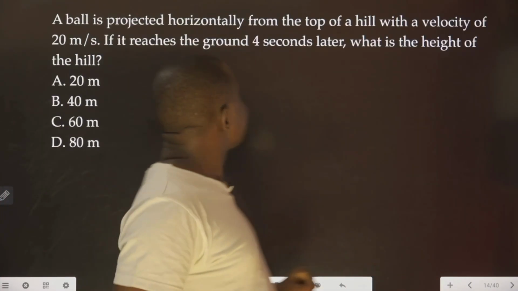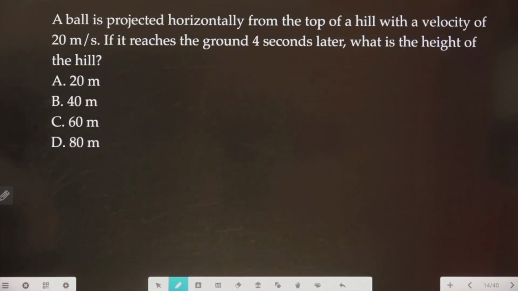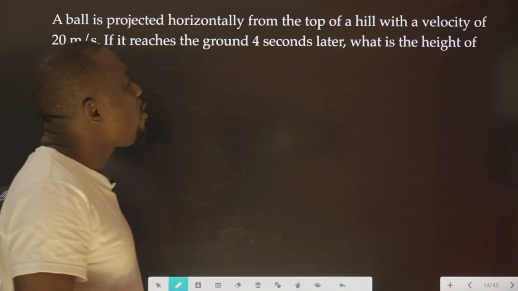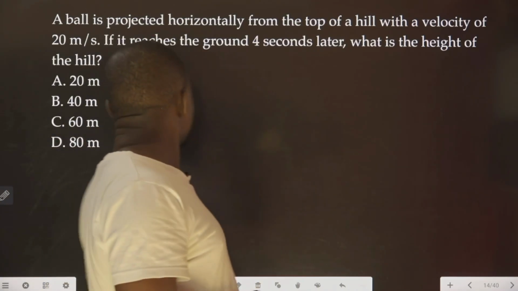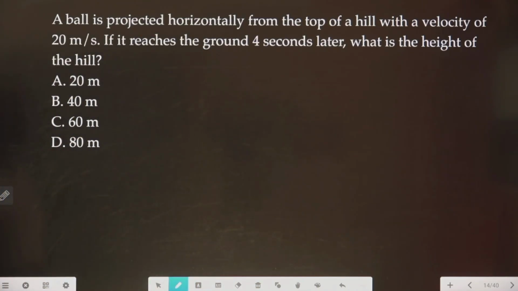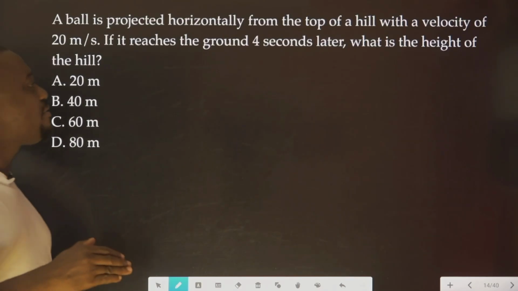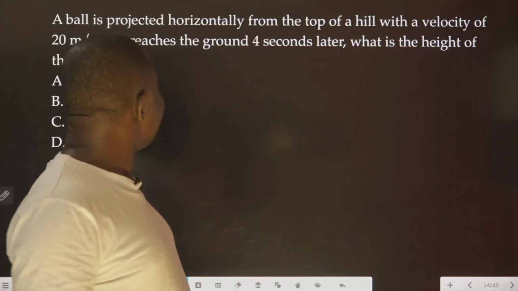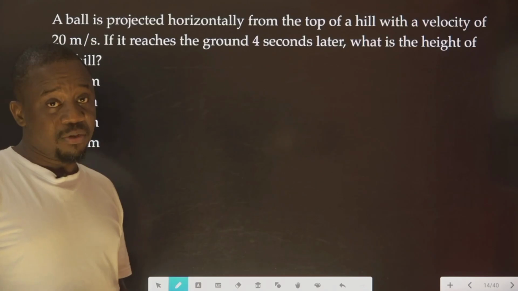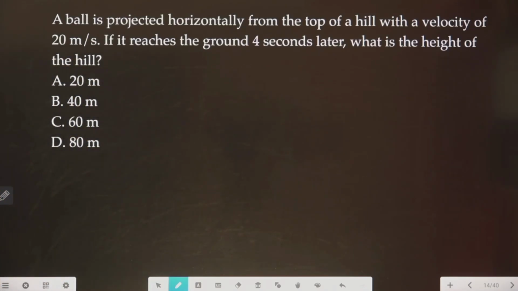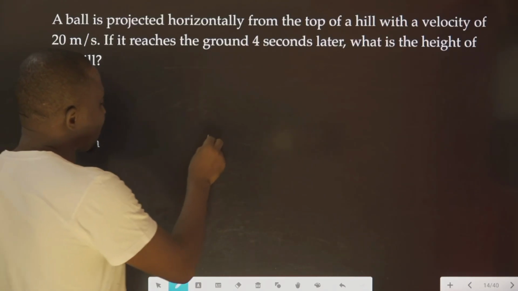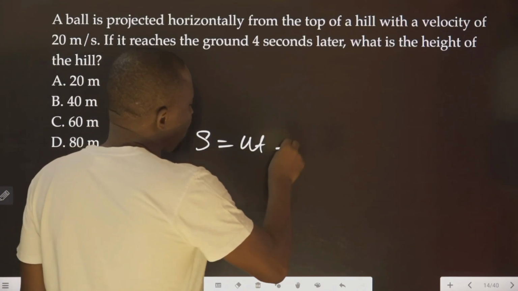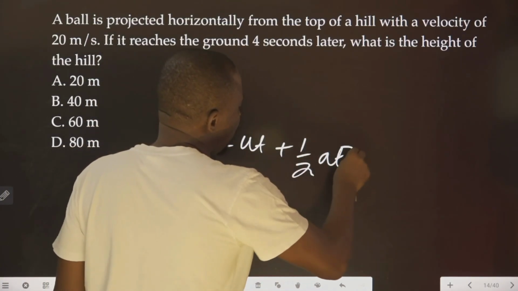Let's look at this. It says, a ball is projected horizontally from the top of a hill with a velocity of 20 meters per second. If it reaches the ground 4 seconds later, what is the height of the hill? We are simply going to use this formula, s equals ut plus 1 over 2 at squared.